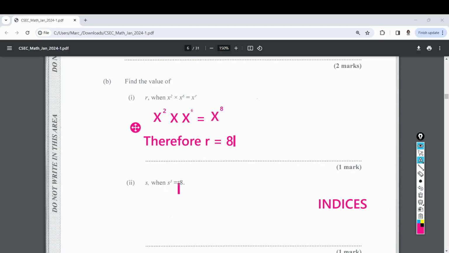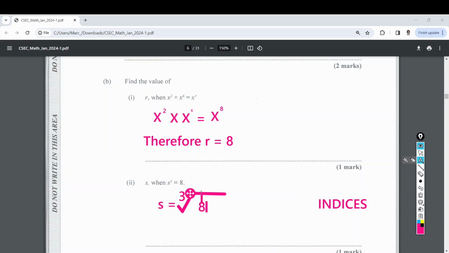It says s cubed is equal to 8. Guys, if we want to find s, we actually have to find the cube root of 8. So this is how you do this. Using the same indices rules, you have to find the cube root of 8.